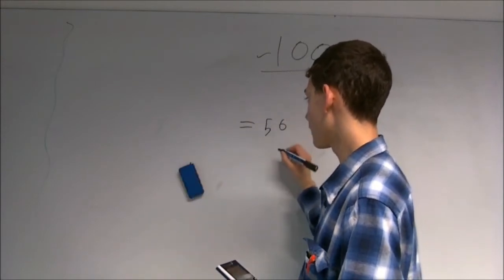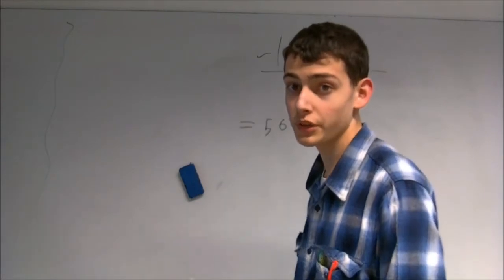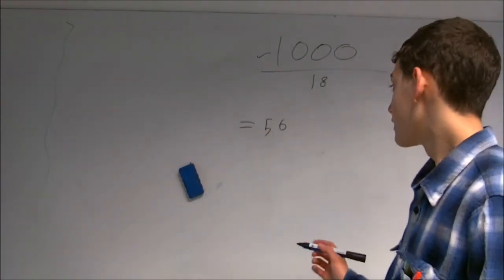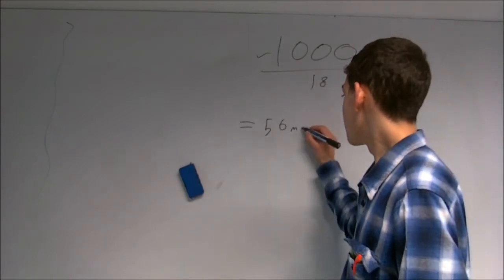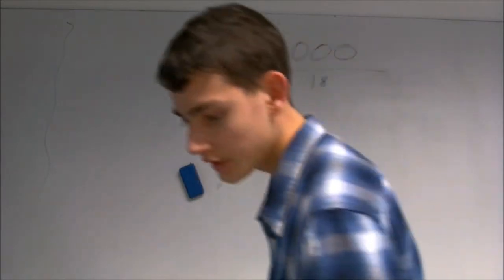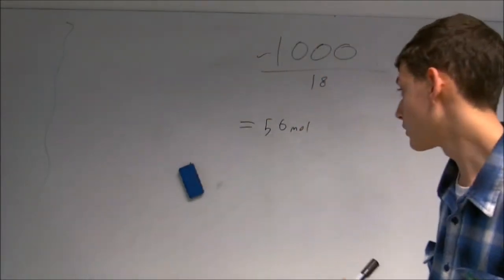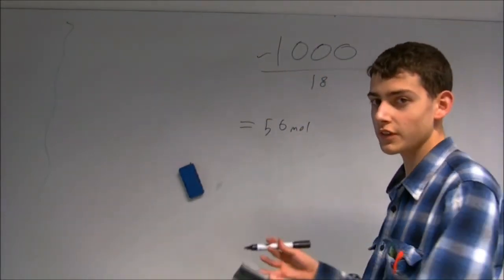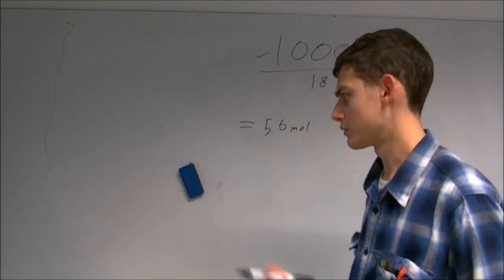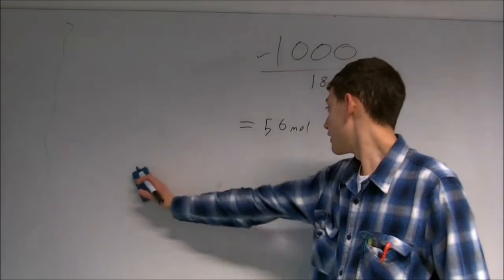I have 55.5, let's say it's 56 moles. We're dealing with a whole number of moles because I'm too lazy. Mol, for mole like the animal. Although you could find out how many moles are in a mole, there are many different atoms there, so it's just irritating.